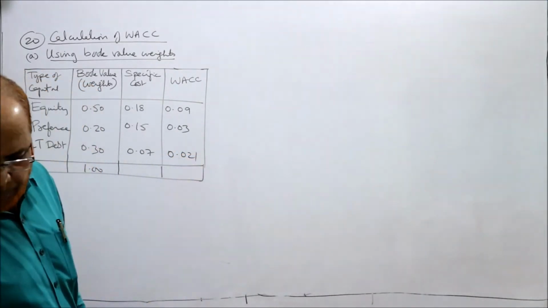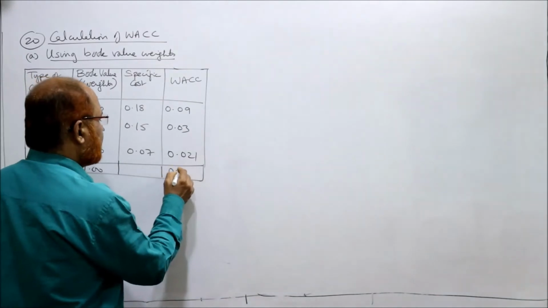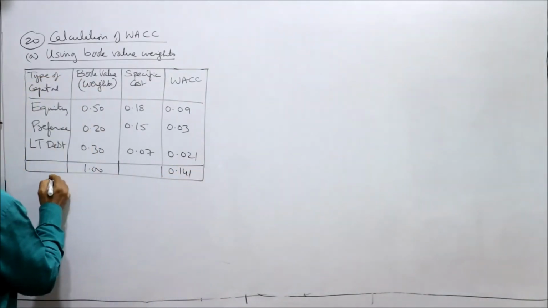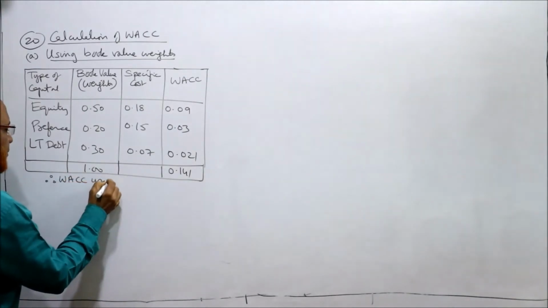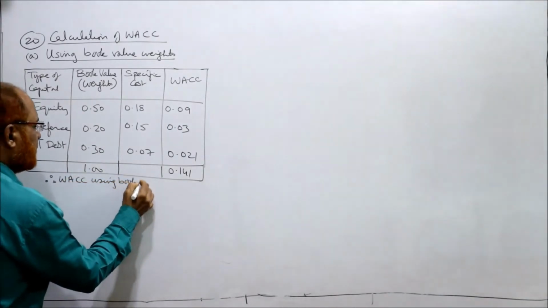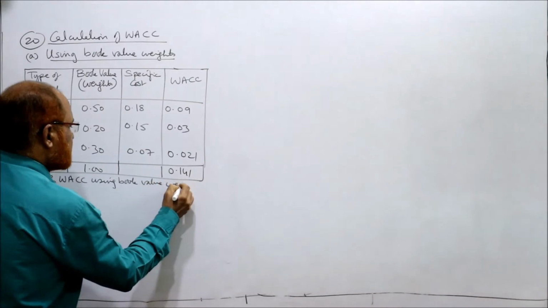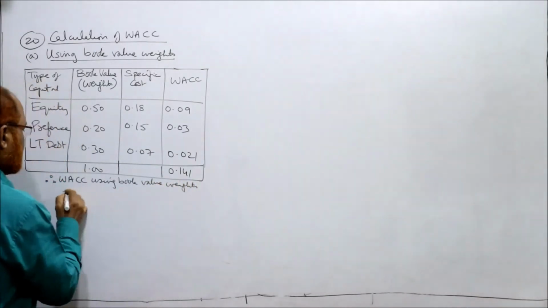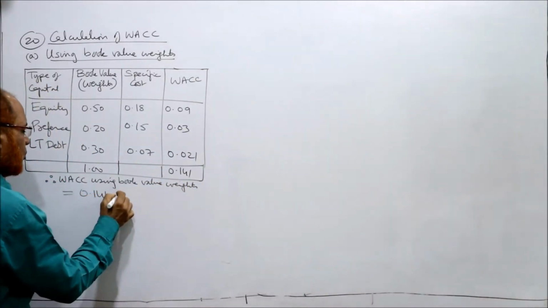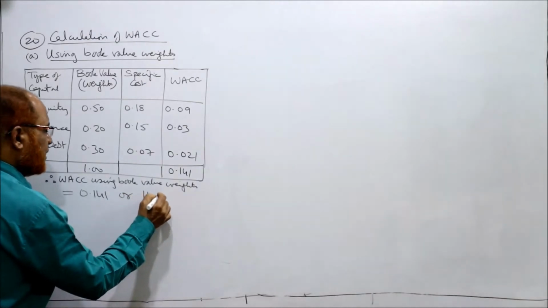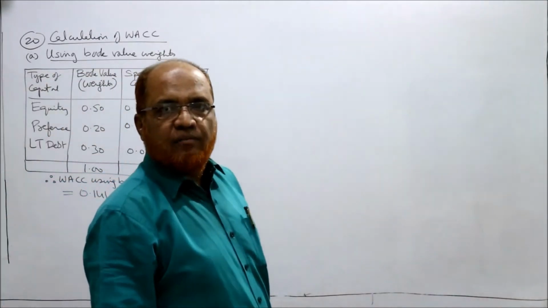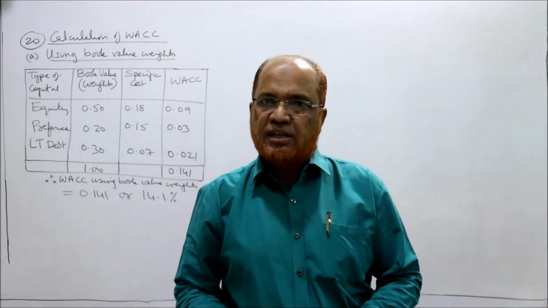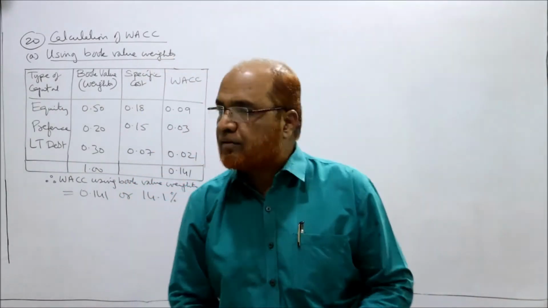The total you will get 0.141. WACC using book value weights is equal to 0.141 or 14.1%. That's it. So we have completed WACC using book value weights.